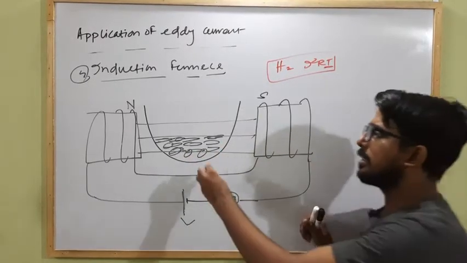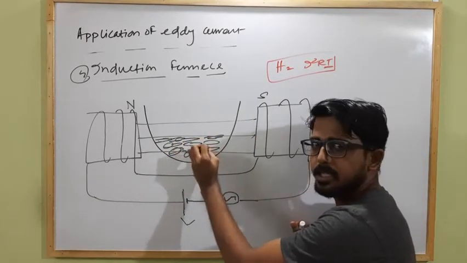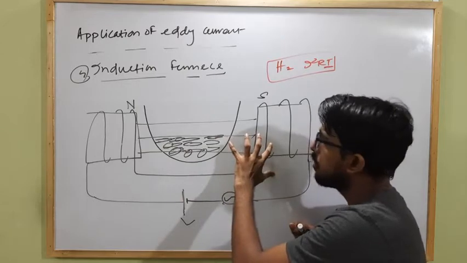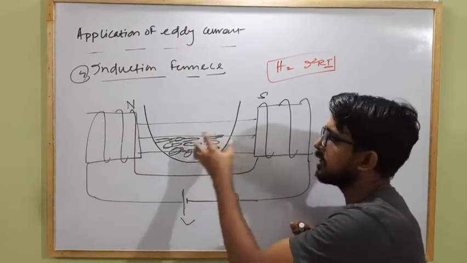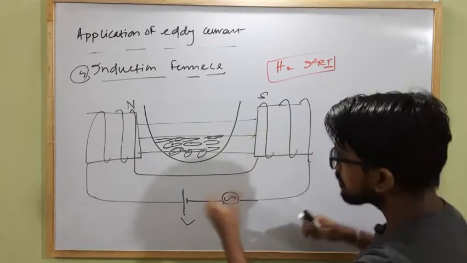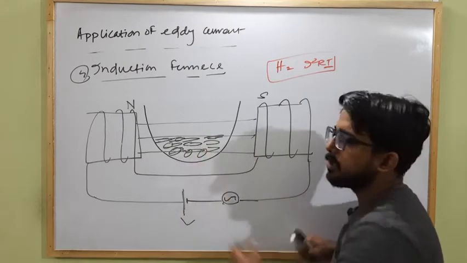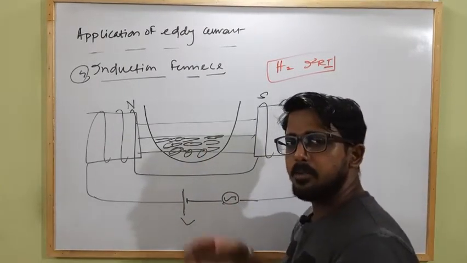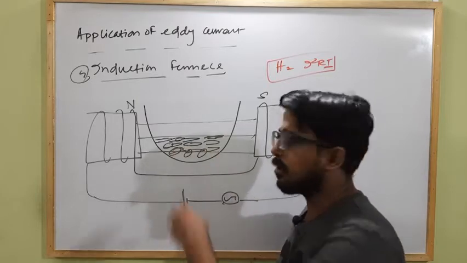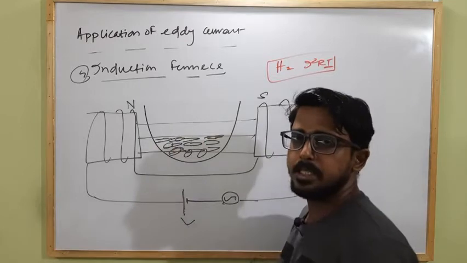Clear? As the magnetic flux linked with the metals changes, they start to produce eddy current, and when the polarity of these two electromagnetic poles changes, the direction of eddy current also changes because the direction of change in flux changes. So as the direction of eddy current changes frequently, the collision between free electrons and other atoms and ions increases, and due to increase in collision the temperature of these atoms increases, and gradually these metals start melting themselves.